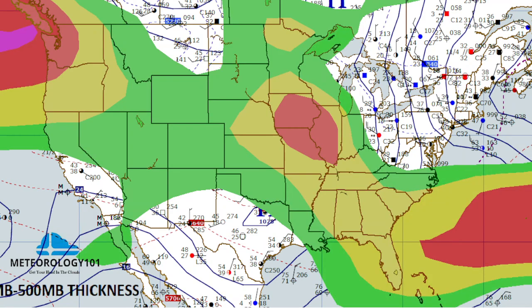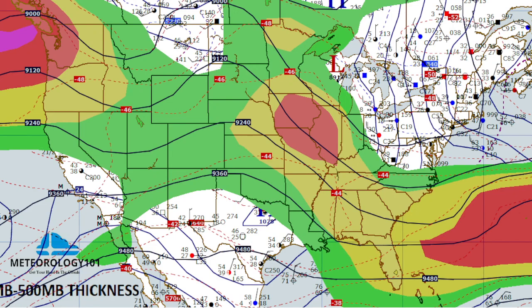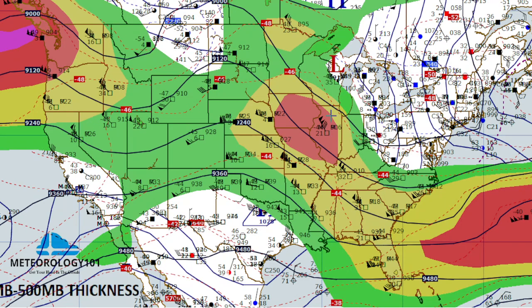So let's pull the heights. Isotherms, lines of equal temperature. And then if we want, we could even put the station plots over that. And this kind of covers up what we're looking at.